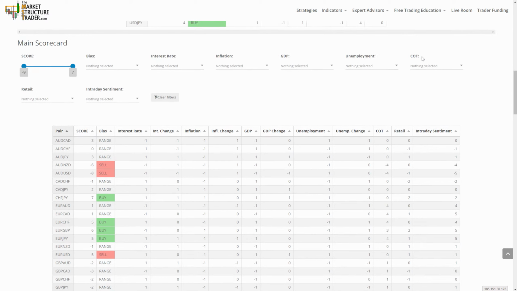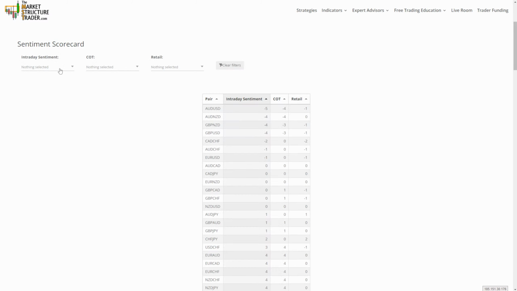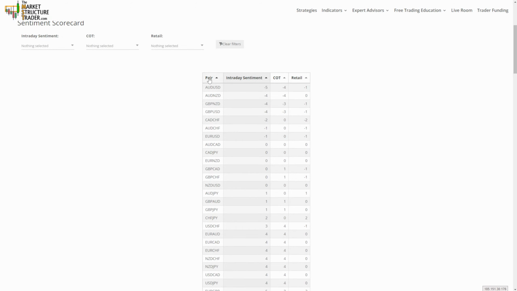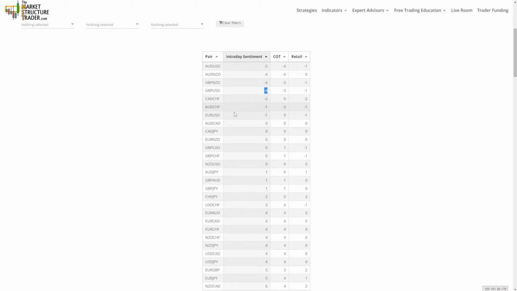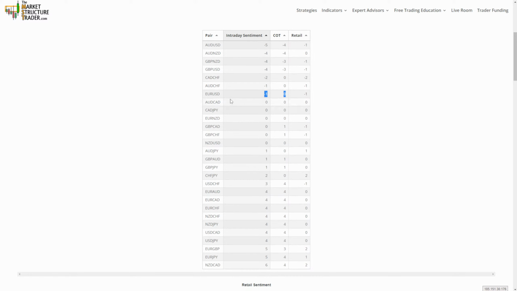I'm already short on pound US, so I'm not going to use that because I'm already short. Euro US dollar's got no sentiment.